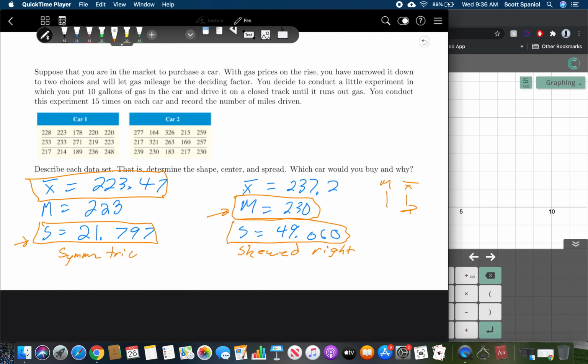For example, if you have a long commute or you drive long distance a lot of time, it may be more important to you that you know how much mileage you're going to get on a relative drive versus if you just want to make sure over the long haul that you end up getting the best gas mileage, you probably want to pick car 2. Okay, so there's an argument to be made for both.